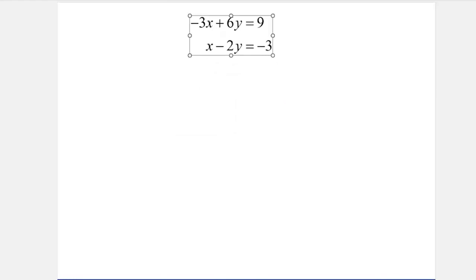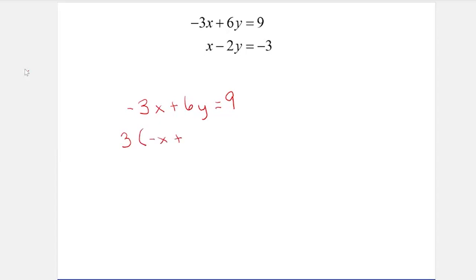I wanted to show you that sometimes the easiest thing to do before you start is to see if there's anything that I can factor out of every single term. And I noticed that if I have negative 3x plus 6y equals 9, I can factor a 3, right? If I factor a 3 out of the first term, I get negative x.